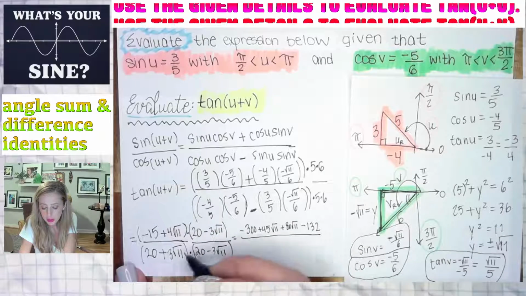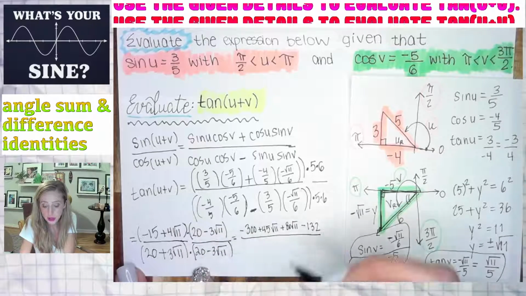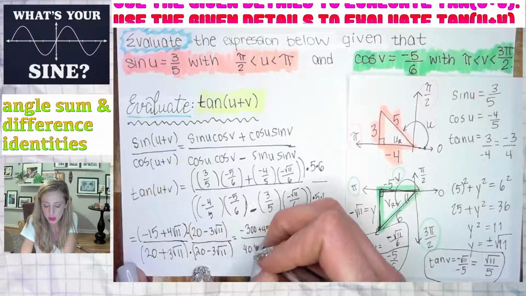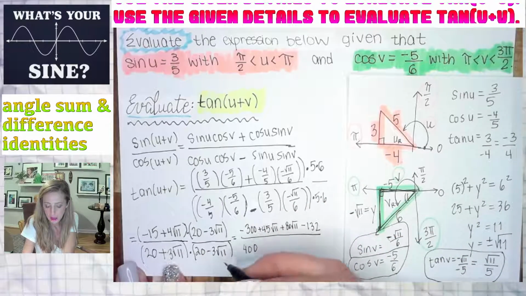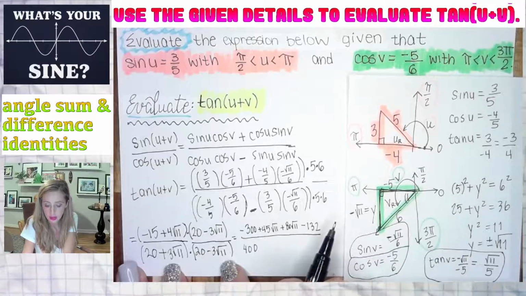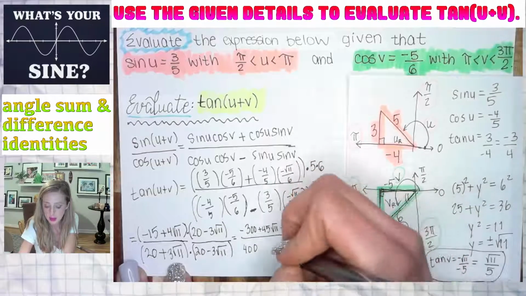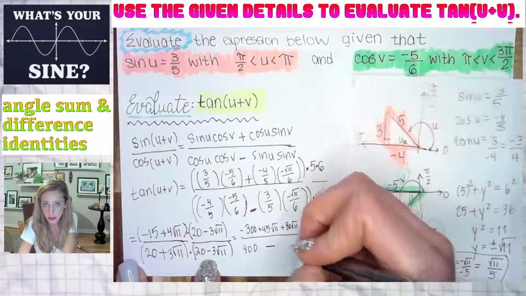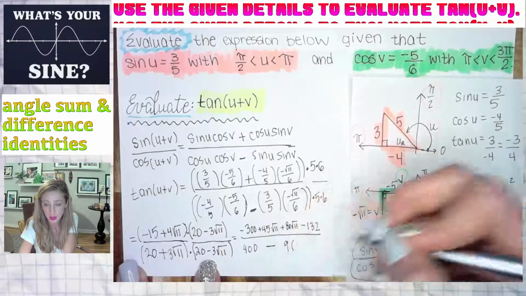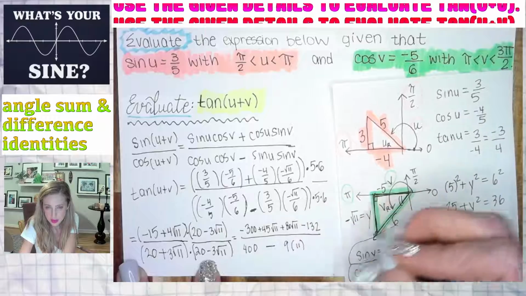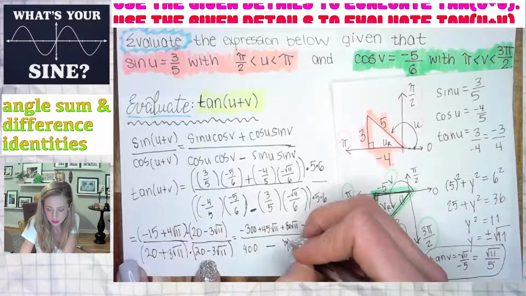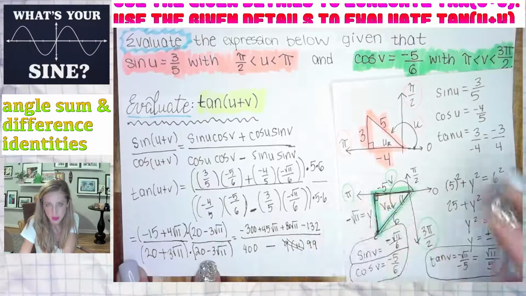From there, first times first, 20 times 20, 400. Outer and inner, we don't need to worry about. They're going to clear out. Last times last is minus, 3 times 3 is 9. Root 11 times root 11 is 11, so that's 99 right there.